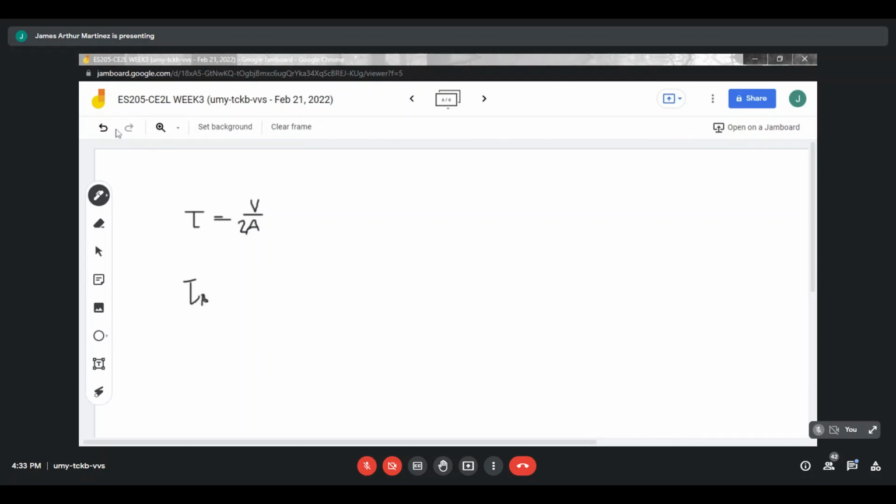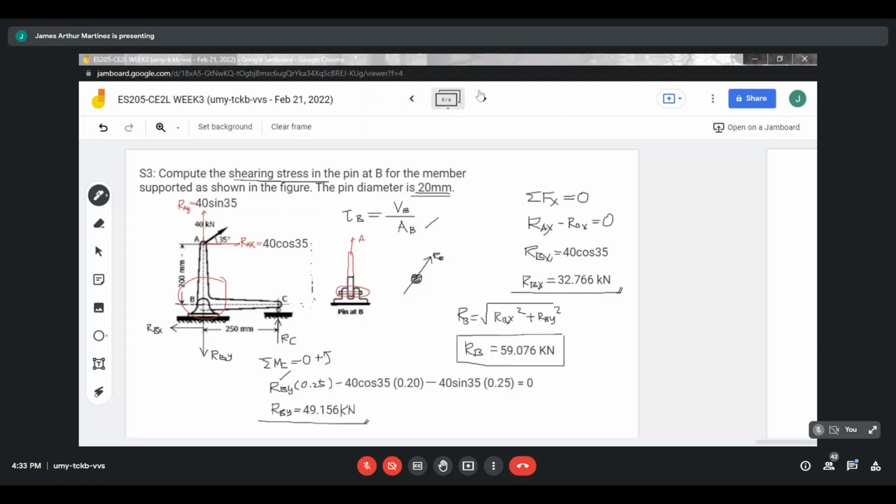We can label it as tau B, equal to RB all over 2A. And this is equal to, what is RB?